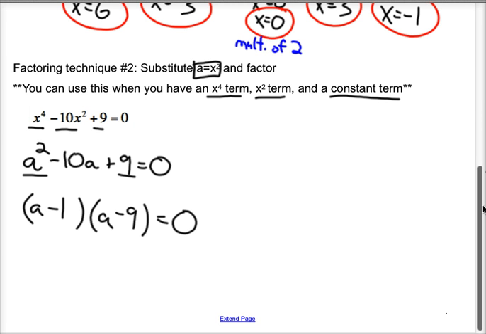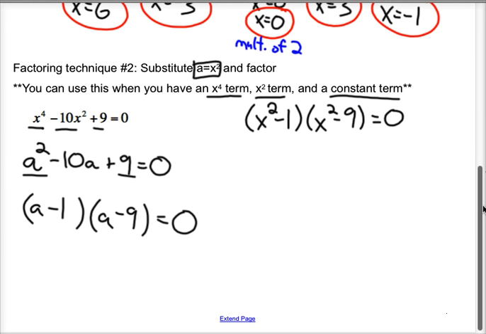Well, now the interesting thing is because of that substitution, we can't leave it in terms of a, okay? Solving for a really doesn't do us any good. So I'm going to put x squared back into my polynomial.